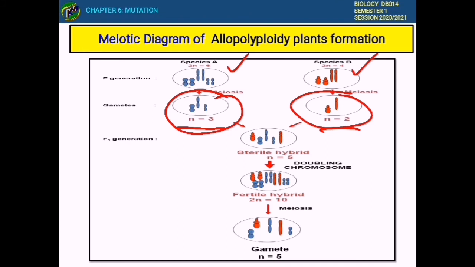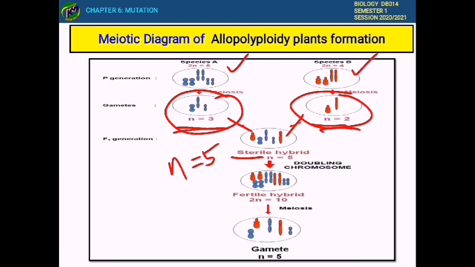If these two fertilize, it will produce n equals 5. It is not 2n because these are two different species, so they have different chromosomes. So the hybrid formed has n equals 5.